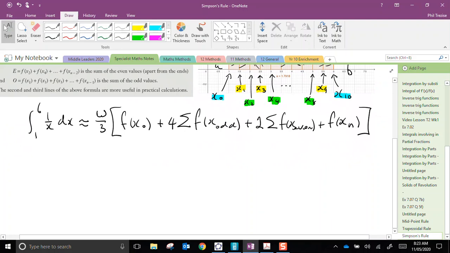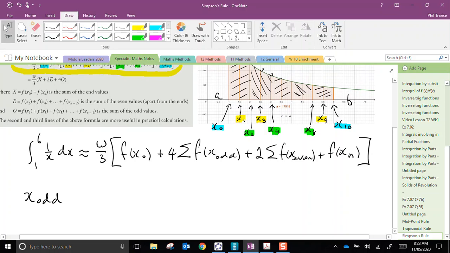Now before we get too far, w, we have a substitute for that. x0 is 1, xn is 6, that's all good. But these odds and evens require a little bit more thought. So let's think about what x odd really means.